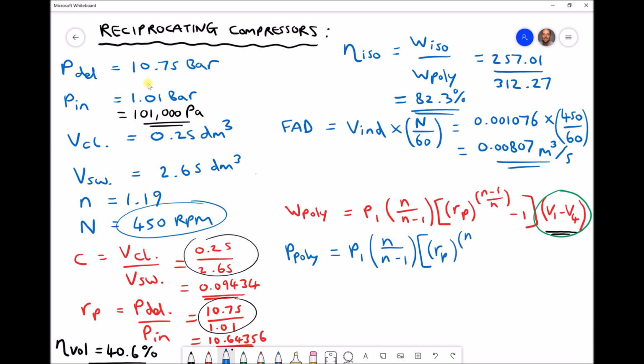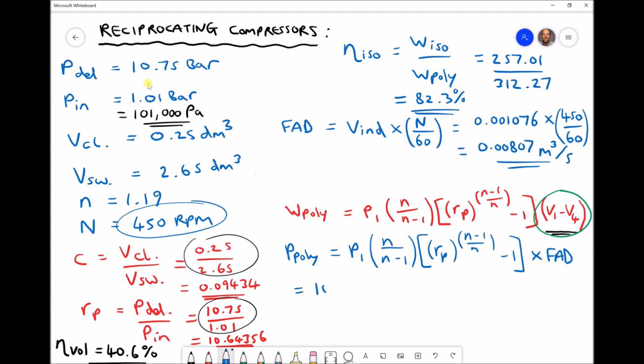Those values all remain constant. The difference is the amount of air that's travelling through the system. So instead of our induced volume, V1 minus V4, we're going to use our free air delivery. Free air delivery is the amount of air passing through the system per second. So that's the only modification that we need to make to that formula in order to determine the work done per second instead of the work done per cycle. And once again, we're going to expect it to be roughly 7.5 times the polytropic work that we calculated previously.